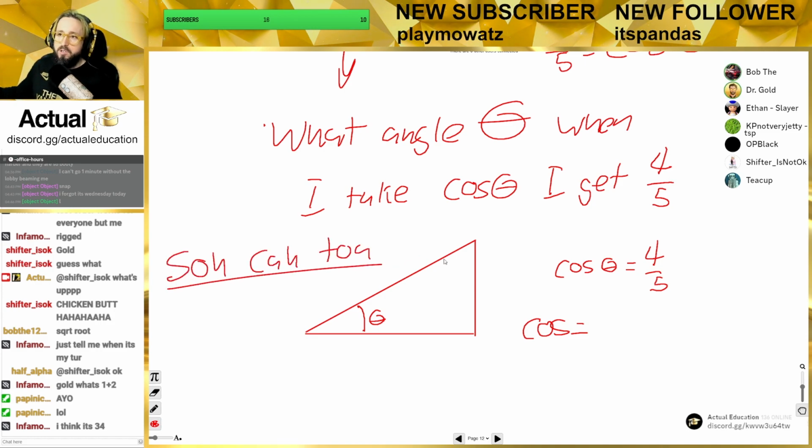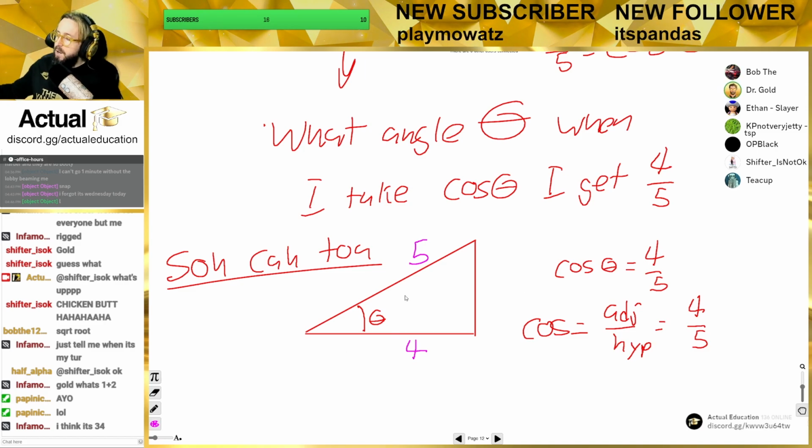Adjacent over hypotenuse, which we know is equal to 4 over 5. So on my triangle, where's the adjacent? The adjacent is on the bottom. So this is going to be 4. Where's my hypotenuse? The diagonal line. There, good.